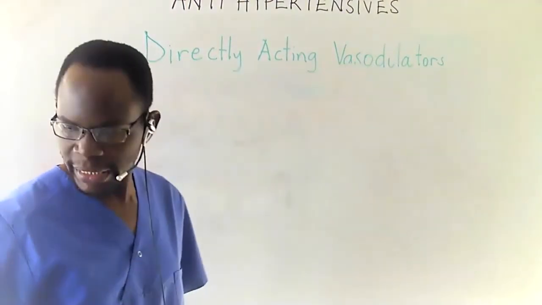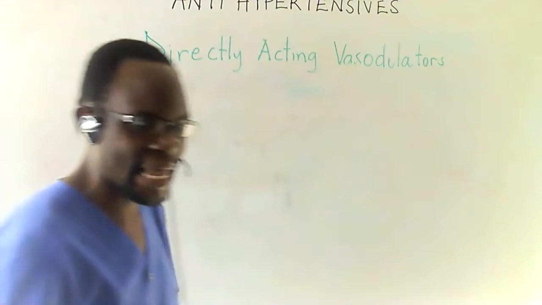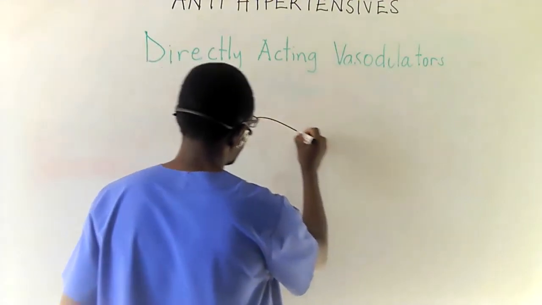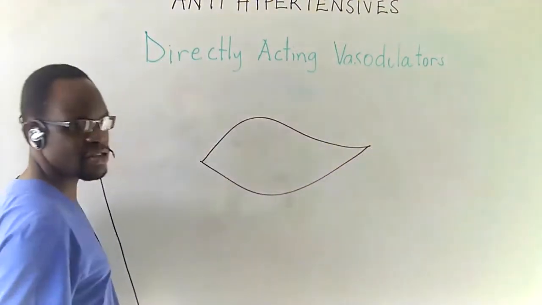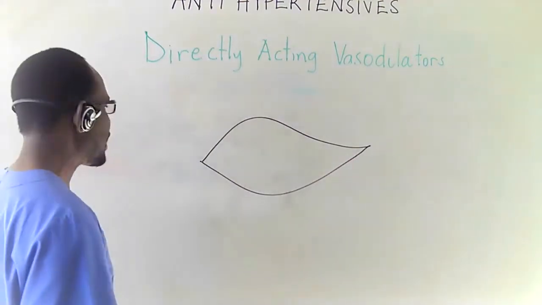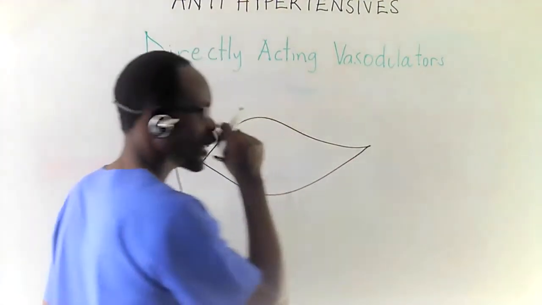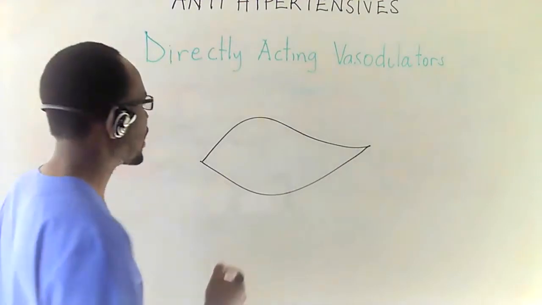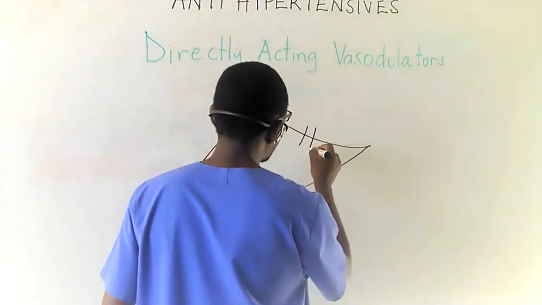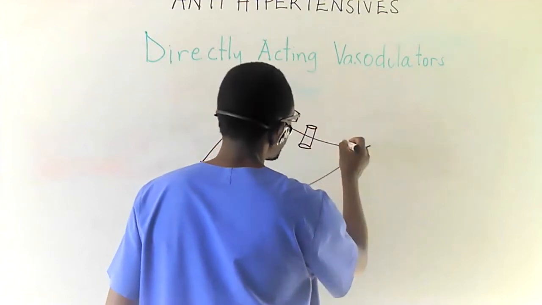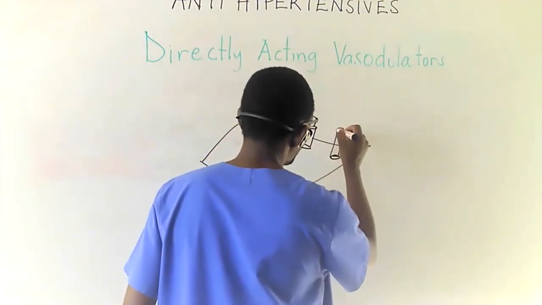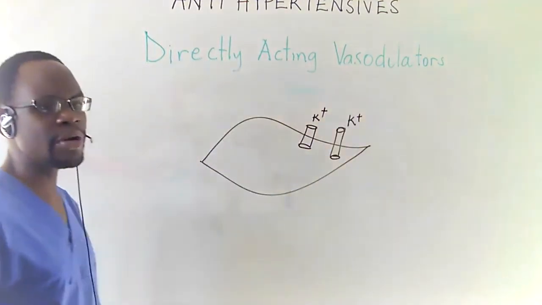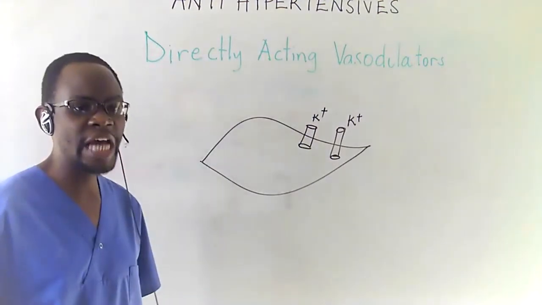Assuming this is your smooth muscle cell, what actually happens is that minoxidil and diazoxide, remember we said those are arterial vasodilators, cause opening of potassium gated channels.